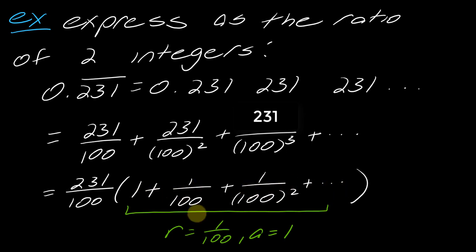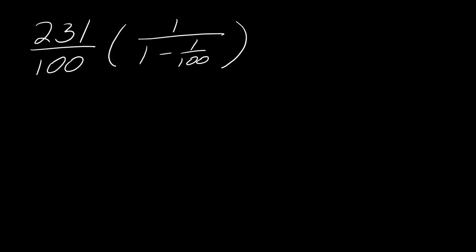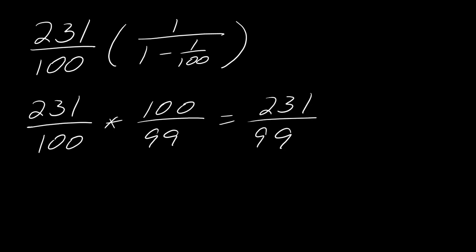As this part is written, my r will be 1 over 100 and my a will be 1. I can plug this straight in, 231 over 100 times my geometric series formula. Ultimately what I get is that this is going to equal 231 over 99. So that is expressing it as the ratio of two integers, right? This is another way that I could write that repeating decimal.